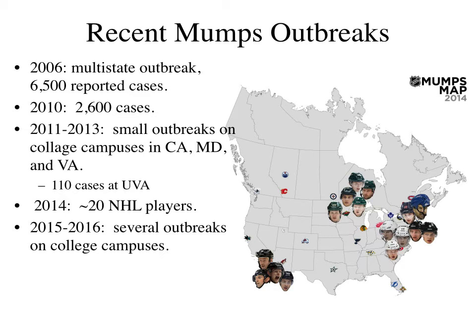There was an outbreak of mumps in 2014 amongst NHL players. So those kinds of things can occur. And just this past spring, there was an outbreak resulting in about 30 cases at a ski resort in Colorado.